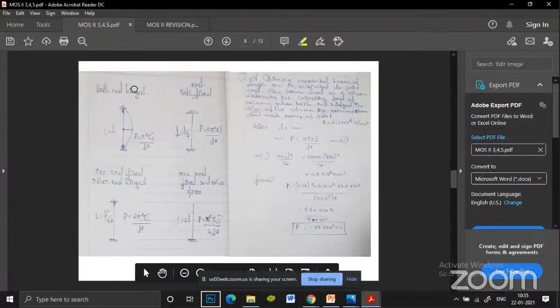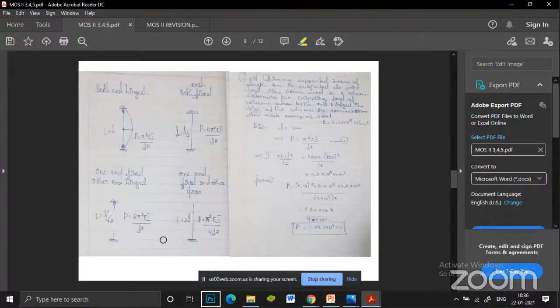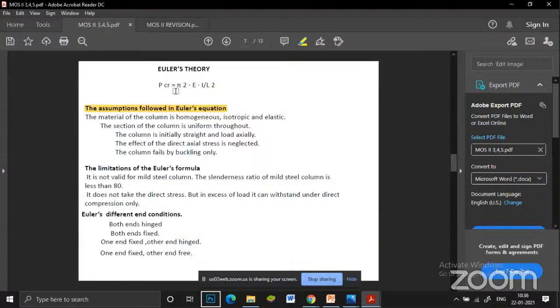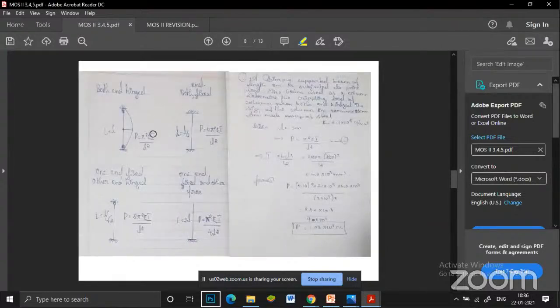Here it is the same formula. What in case both ends are hinged? Here, load is equal to pi squared EI divided by L squared. I have already told you the Euler's formula for crippling. For the hinged case, the same thing: pi squared EI divided by L squared. But before that, we have to have an idea that for L, we should not substitute the direct length.